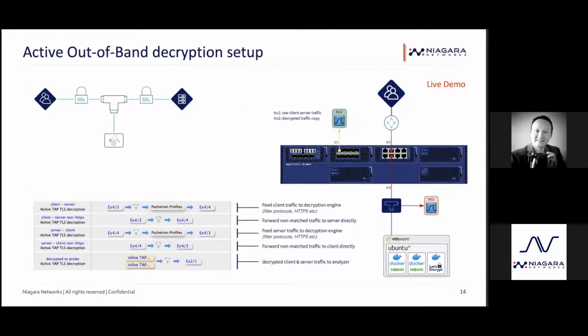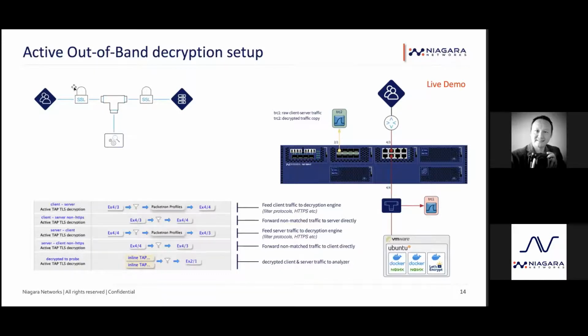For the man in the middle connection, where we can decrypt ephemeral keys as well, you see the deployment is nearly the same, but now we have the SSL engine sitting in line with the communication. So the client is talking to the SSL engine, which tries to decrypt this traffic and impersonate the server.